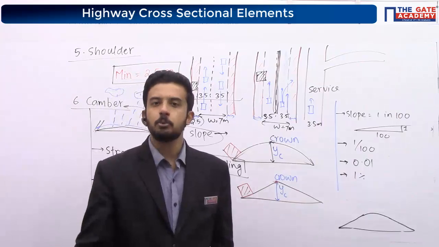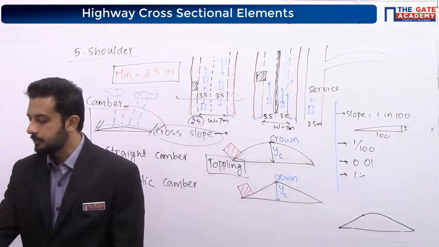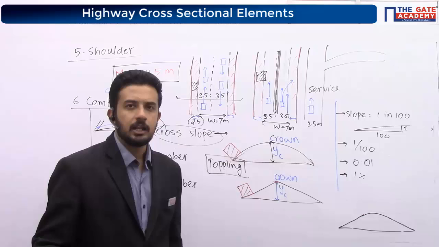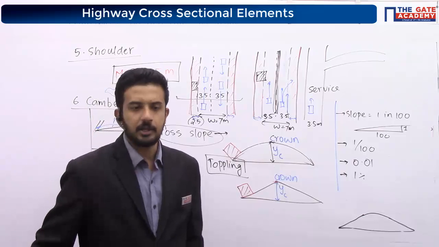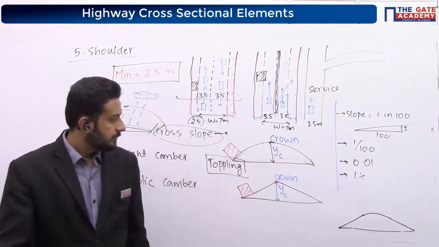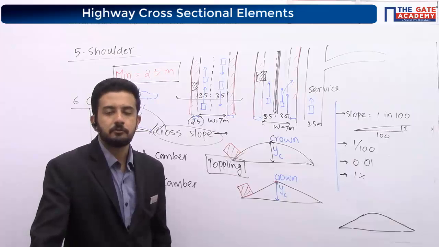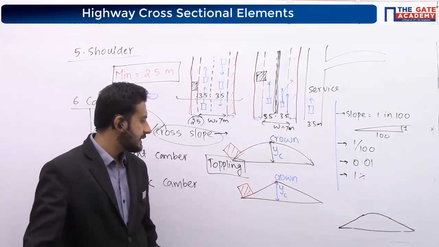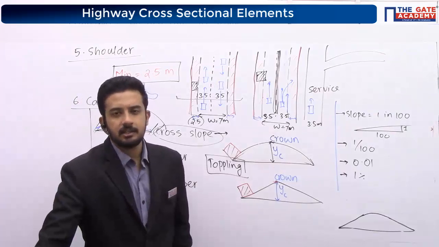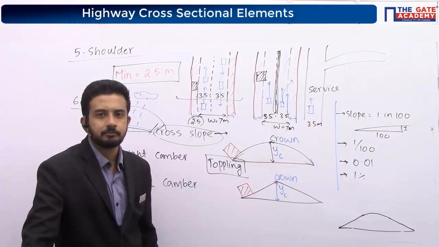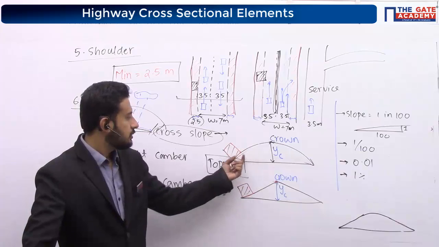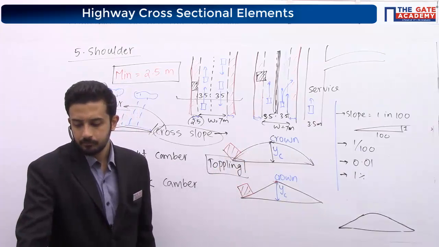But for slow moving vehicles, such as loaded trucks, L-O-A-D-E-D, loaded trucks, T-R-U-C-K-S, there is a chance of toppling, T-O-P-P-L-I-N-G, as they have a tendency to take the edge of the road.